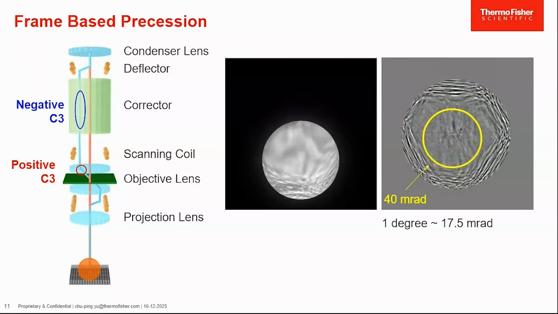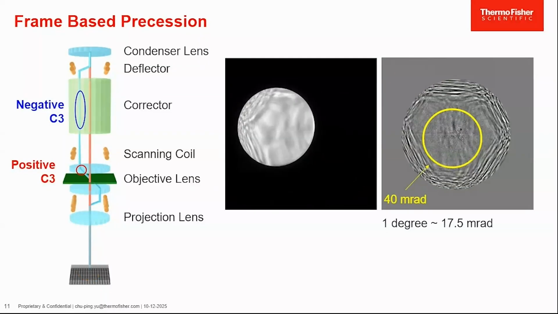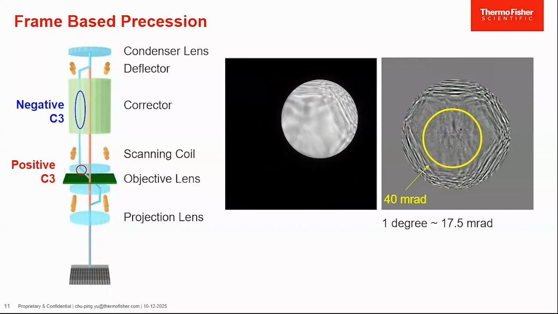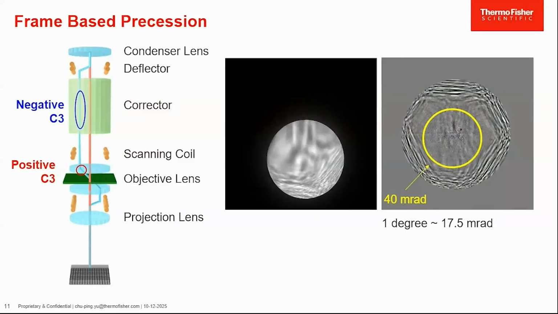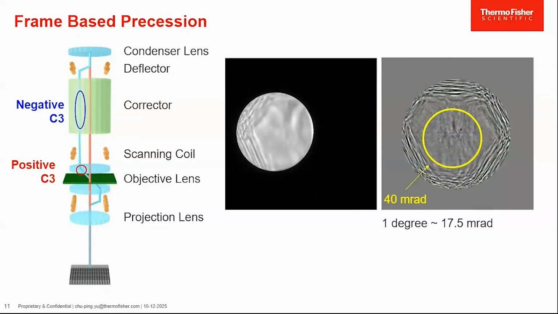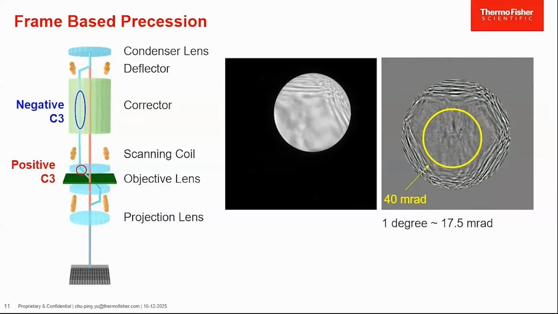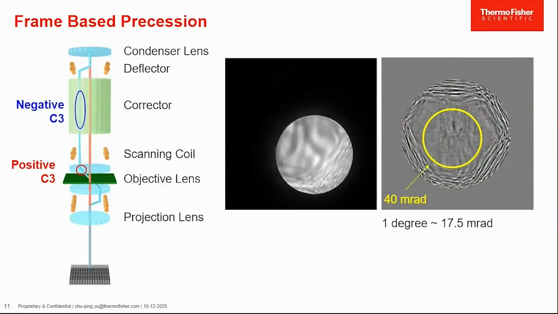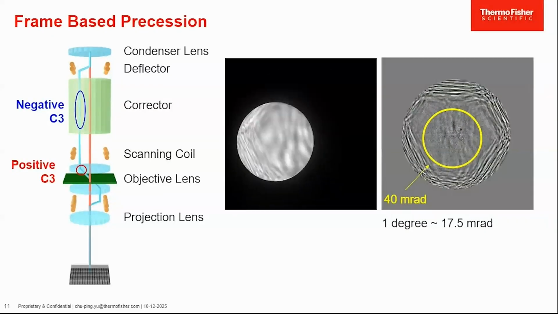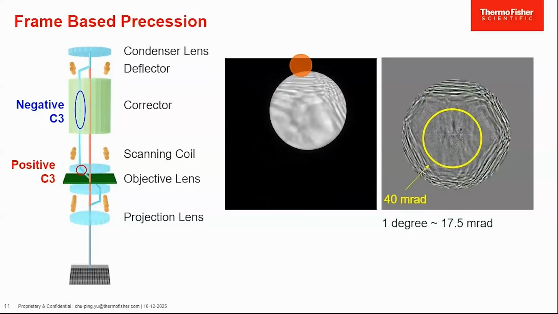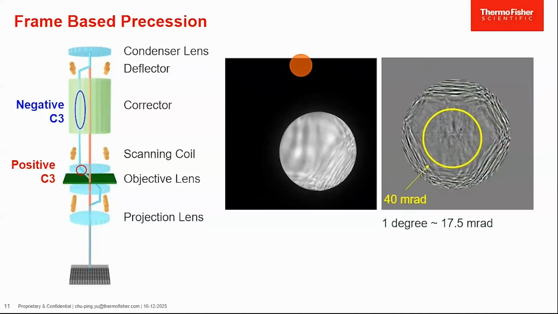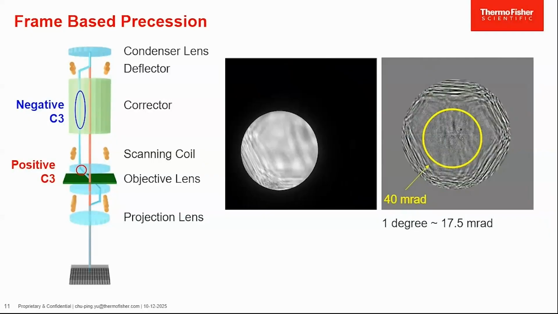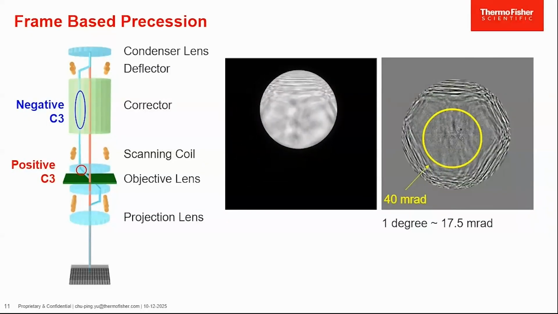The first thing we do after having this concept is take a tilt series without compensation from the projection system to draw a Ronchigram from all the tilt angles, as you can see in this animation. Then we sum up all the Ronchigrams to get these large figures.